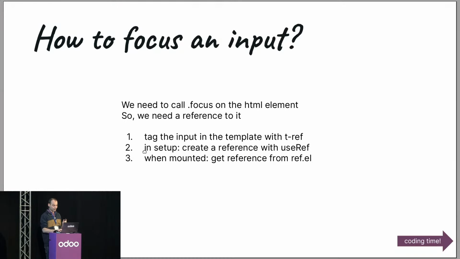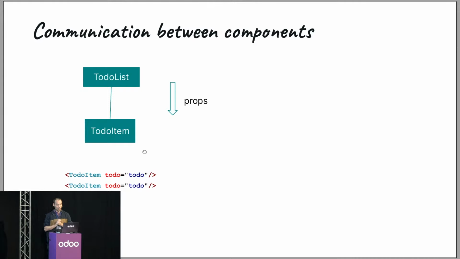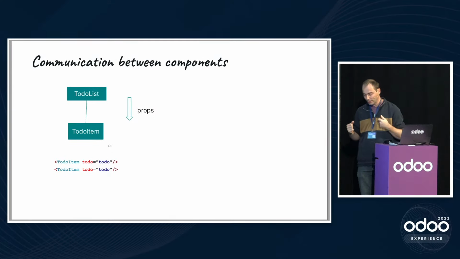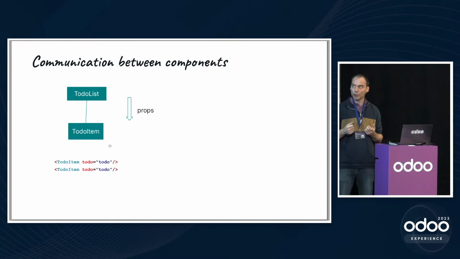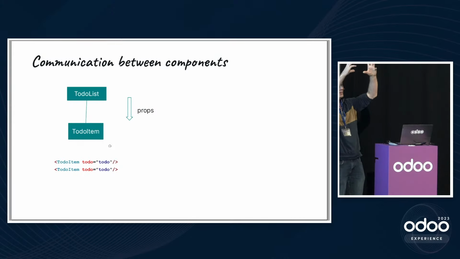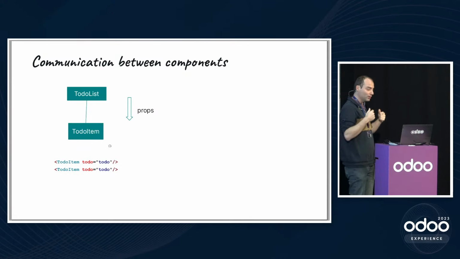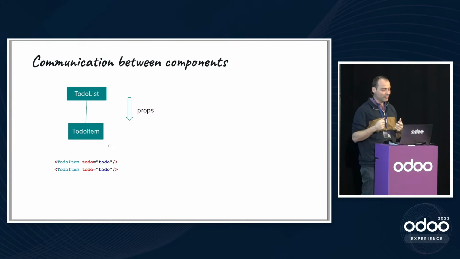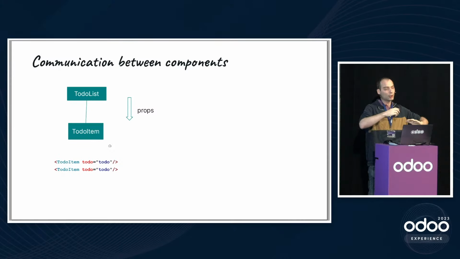So for now, we talked about props as a communication mechanism between a parent component and a child component. That's the way it works. But here, what we want to do is communicate in the other way. We want our to-do item to notify its parents that some state has changed.